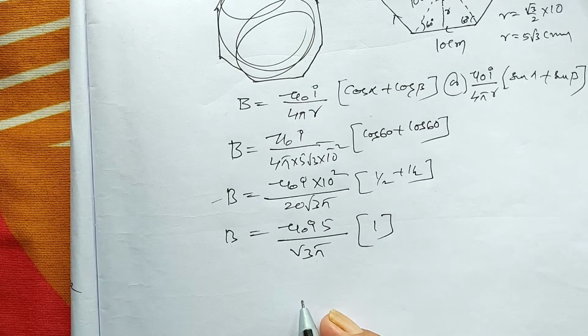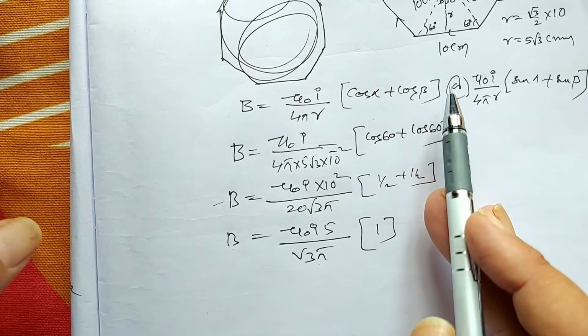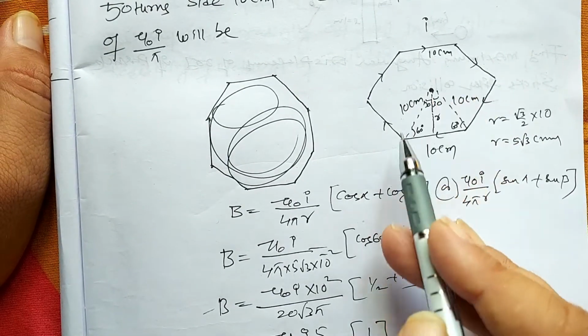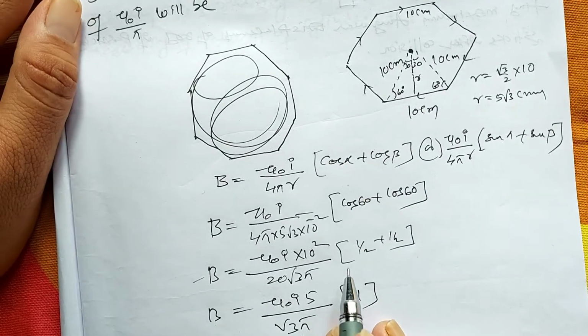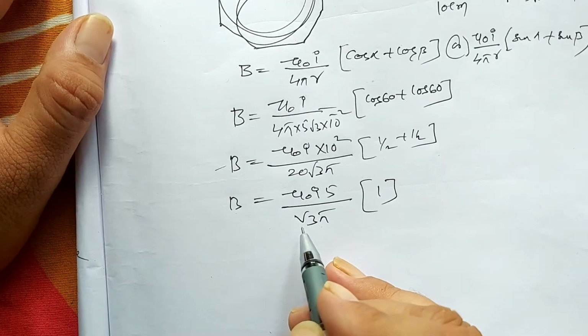Now, this is the magnetic field due to only one conductor. Now we want to find the magnetic field due to all conductors. This is a hexagon, so you should multiply this B with 6.